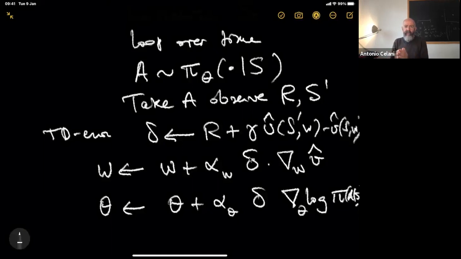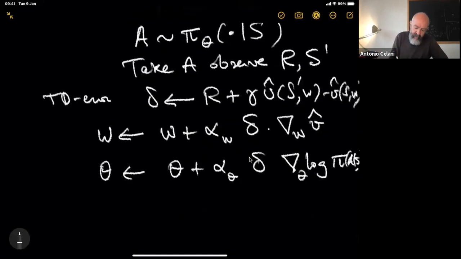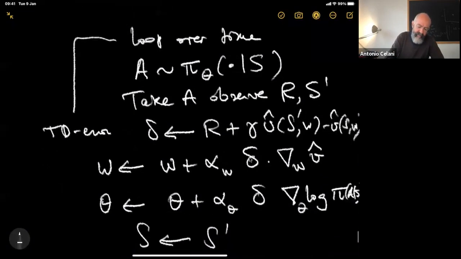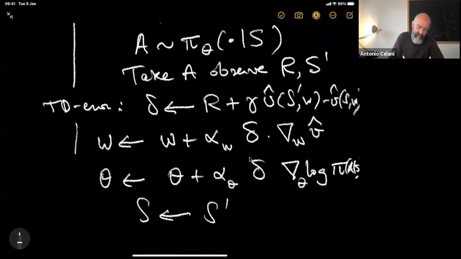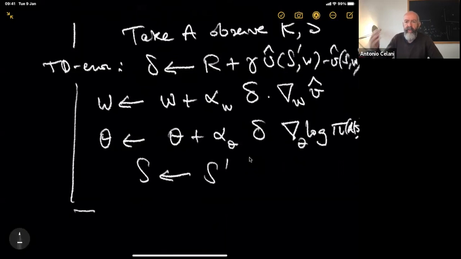And you're using the same temporal difference error to improve both aspects of your decision making. And then you call your new state the old state, and you repeat. You close the loop. And then you repeat over episodes until you reach some convergence criteria.